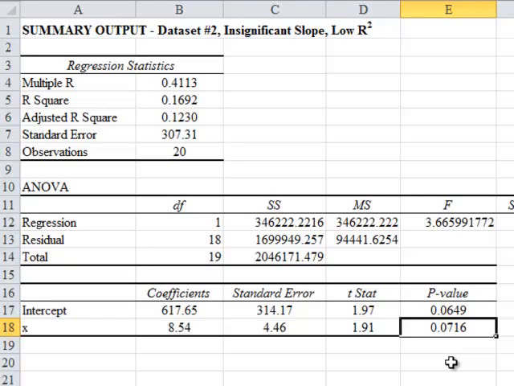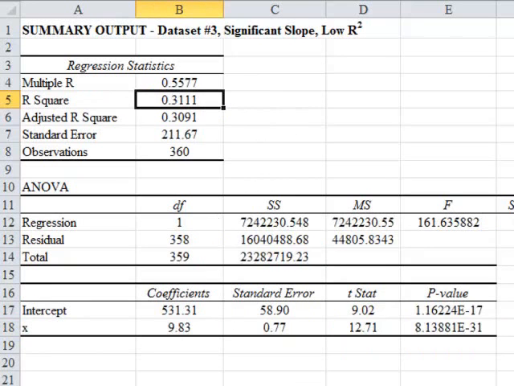Now some people might use an alpha value of 0.10 and reject the null hypothesis. It's just not as strong a case if we have to use an alpha of 0.10. We'll use our 0.05 and walk away from this saying, well, we're going to fail to reject, meaning we don't really know that there's a relationship between x and y. This model is only explaining about 17% of the variation in the y's.